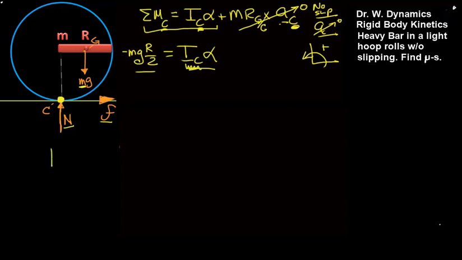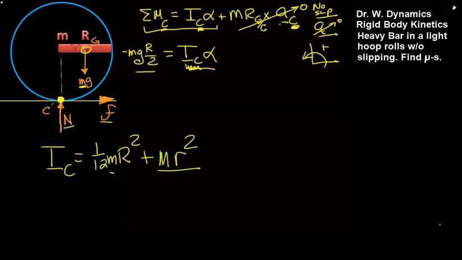So the I of C will be 1/12 mr squared, the I about the centroid of the bar, plus m offset distance squared, where this is the offset distance right here. And that r value, r squared, will be big R squared plus r on 2 squared. We're going up and then over here.